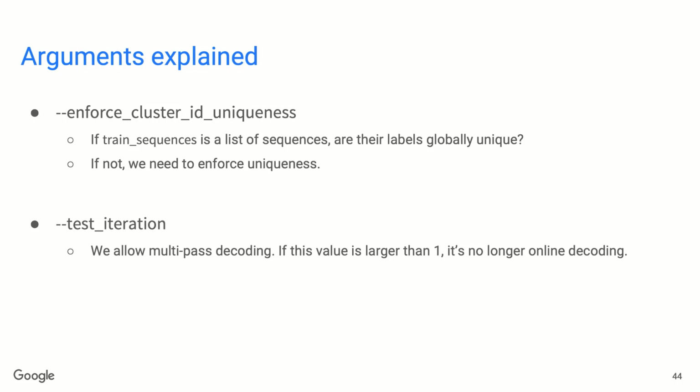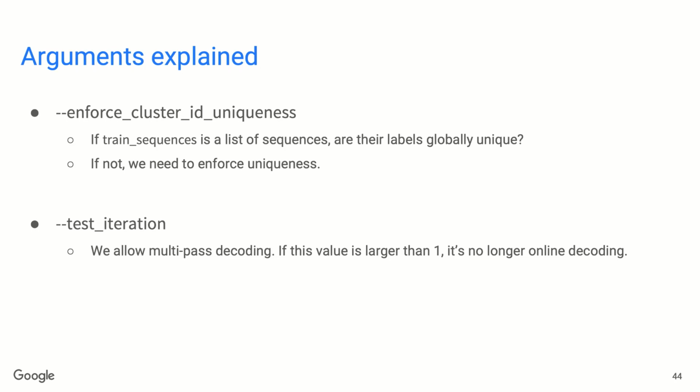The program supports many command line arguments. Here I want to explain two of the most confusing ones. First, the enforce cluster ID uniqueness argument, which is a training argument. Since the train sequences is a list of sequences, each sequence has a corresponding label sequence.